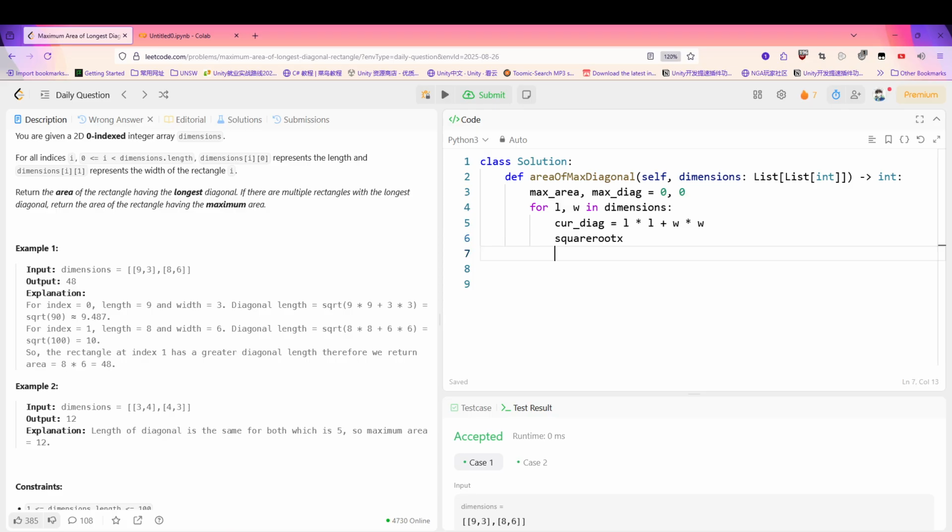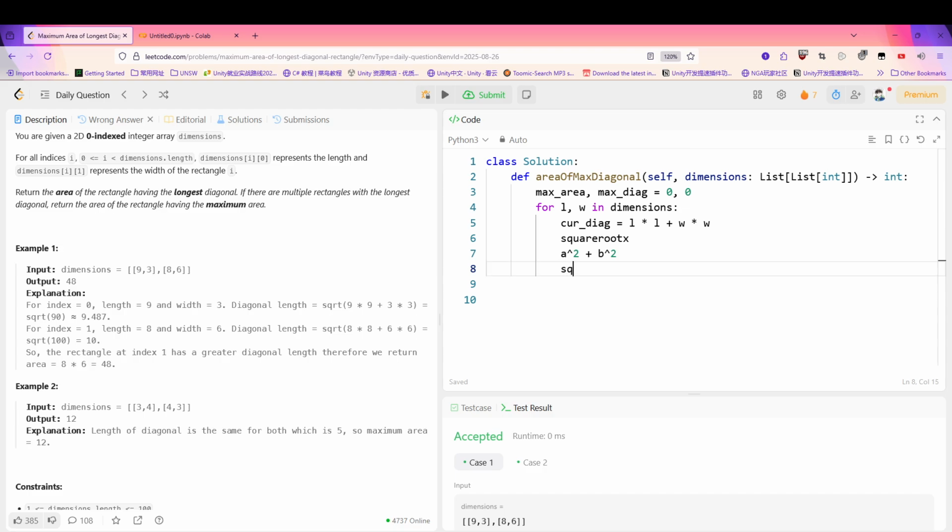If a squared plus b squared is larger, then the square root of this result will also be larger.